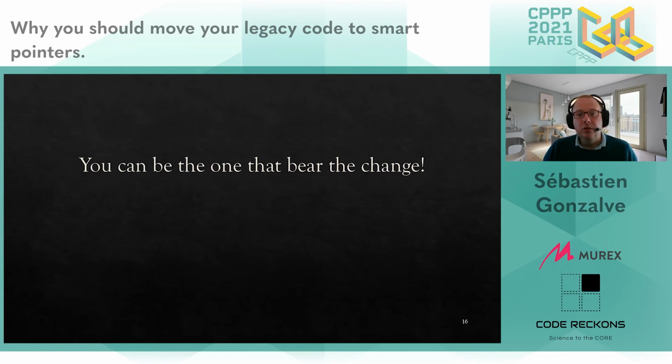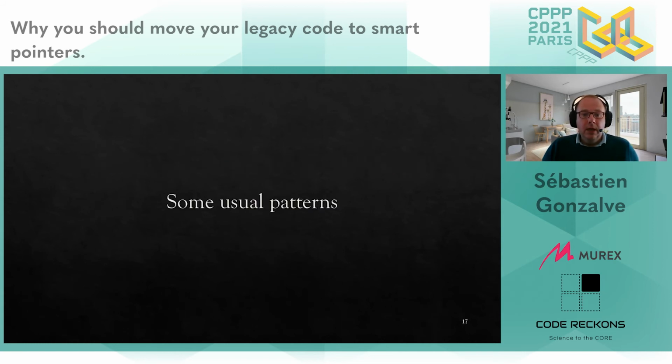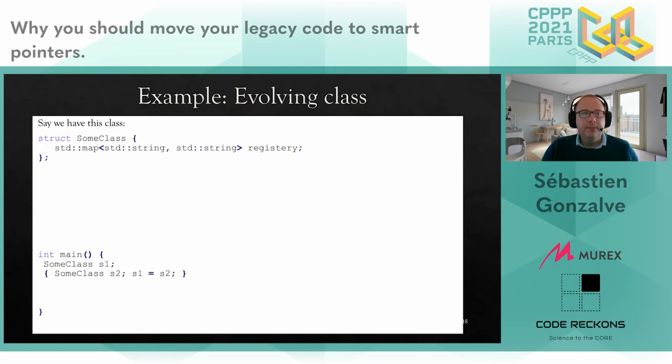And eventually, if we want people to use those smart pointers, we have to help them figure out it's needed. So the next part is more about techniques or examples on how to help people move their code to that. Some usual patterns.